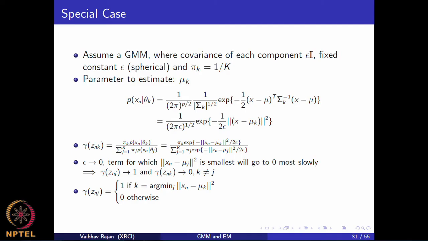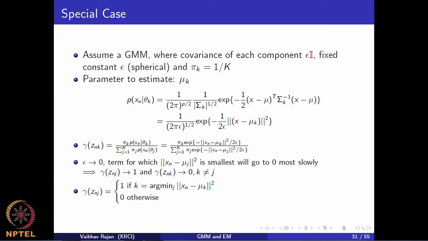The formula for the responsibility also simplifies, you just plug this probability of xn given theta k here and you get a ratio, so you get just the exponential here and the sum over the different exponentials here.